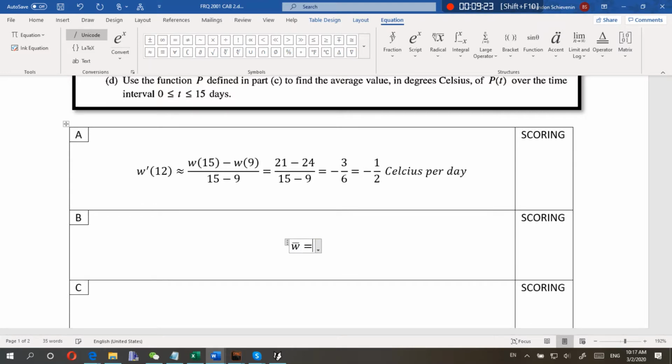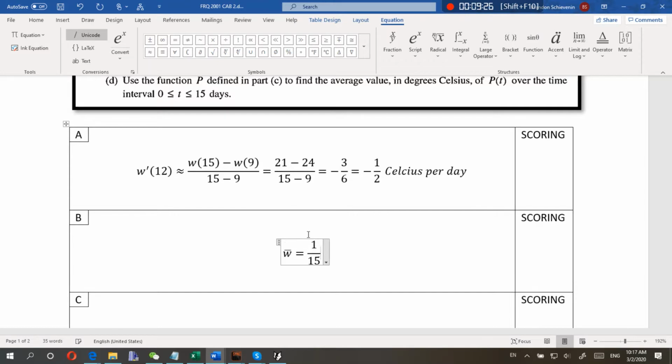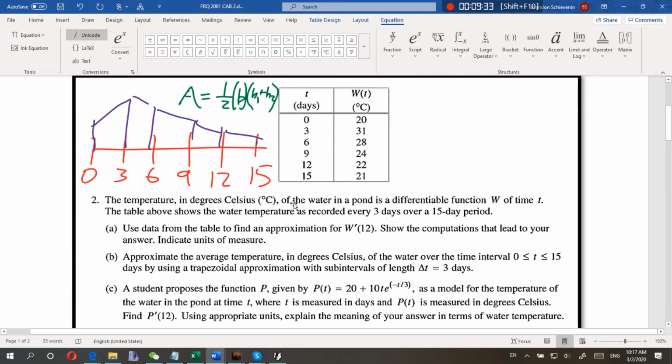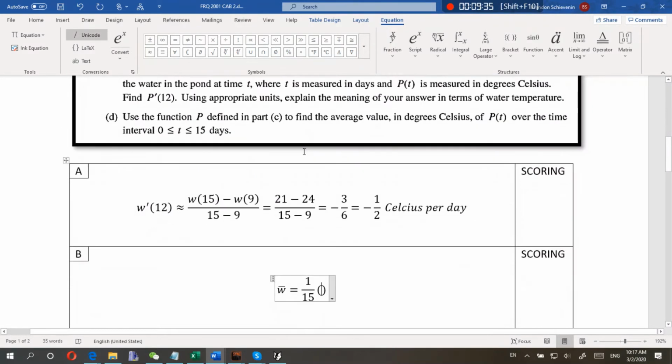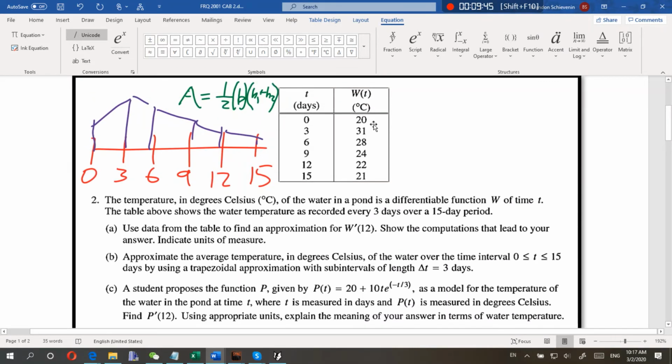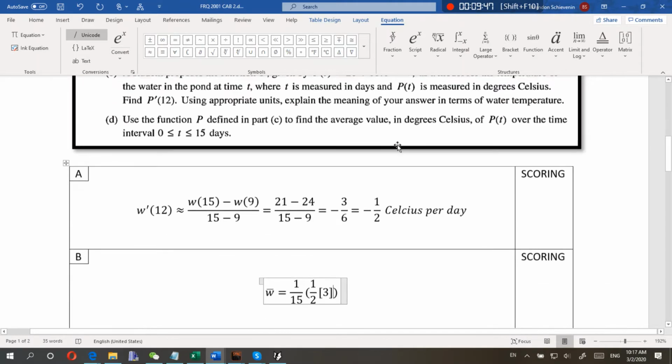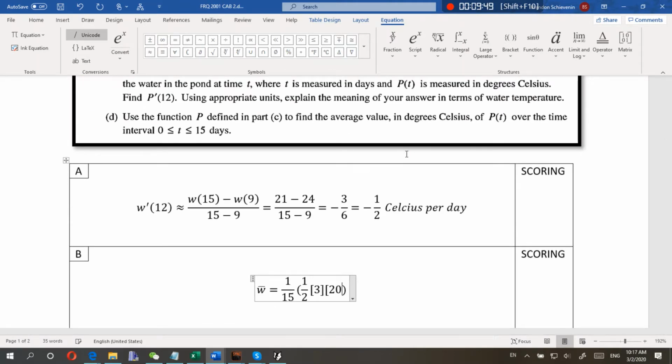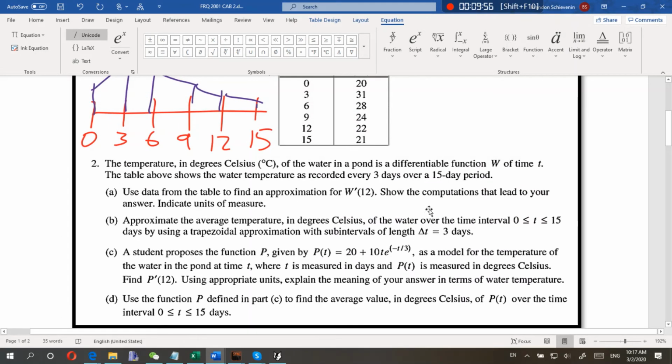Average temperature is equal to 1 divided by 15 times our trapezoidal Riemann sum, which, Oliver, you gave me the first one, would be 3 times 1/2 times 3 times 21, or sorry, 20 plus 31 is... Okay, Junho, what would my next trapezoid be?